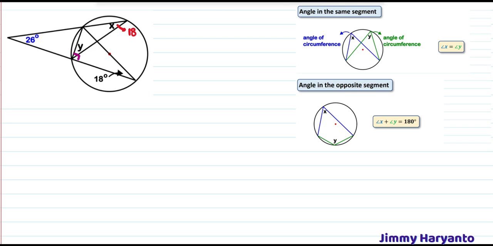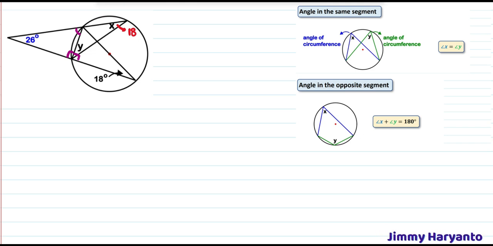What next? I think we can find this one using the 90 degrees. Because that one is 90 degrees, this one is 180 minus 90 minus 26, and the result is 64.